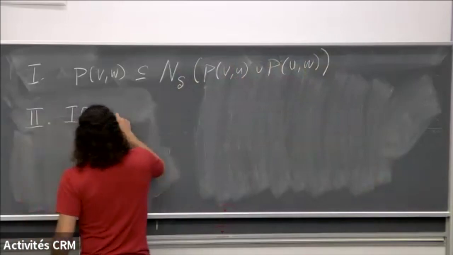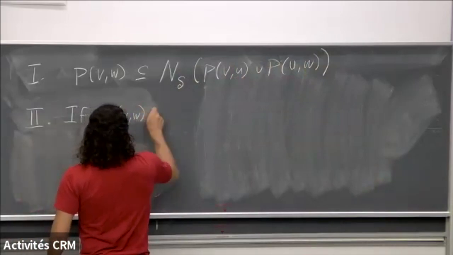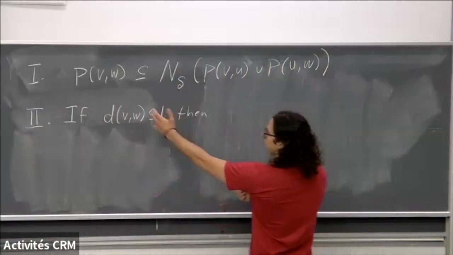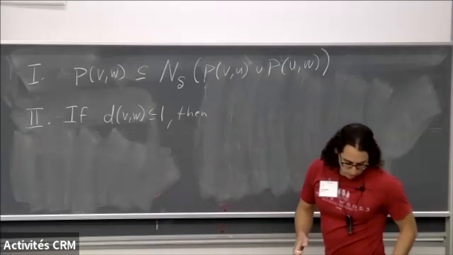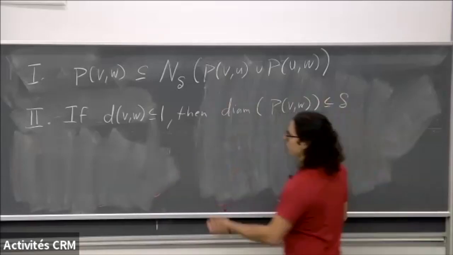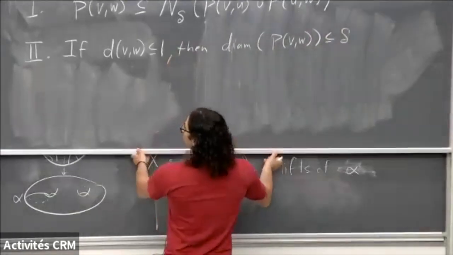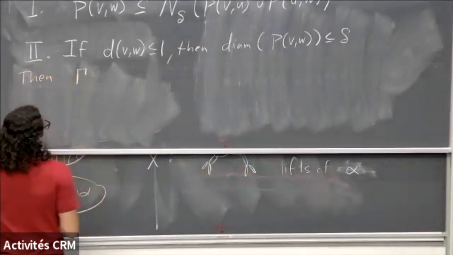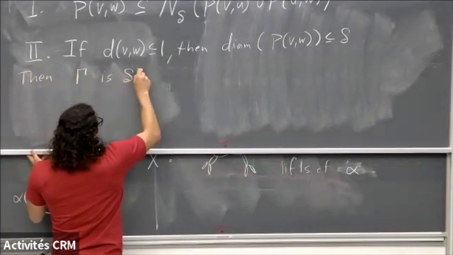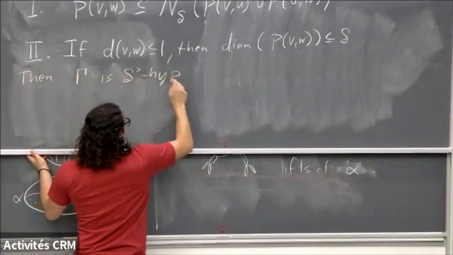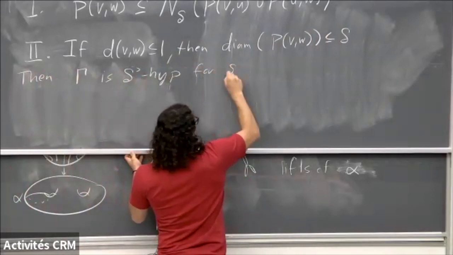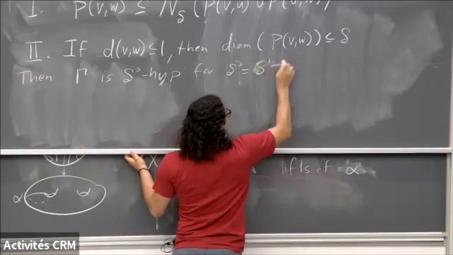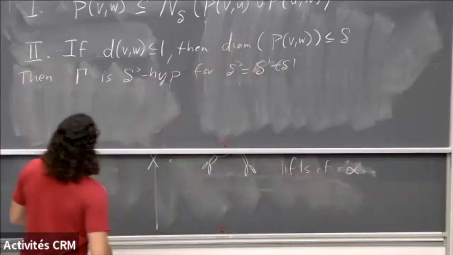The second is that if you take two vertices that are joined by an edge, one apart, then the diameter of the path you chose between them has to be bounded in your space. Now the magic is, if you have these two properties, then gamma is delta prime hyperbolic for some delta prime that depends on this constant delta that satisfies these two properties.